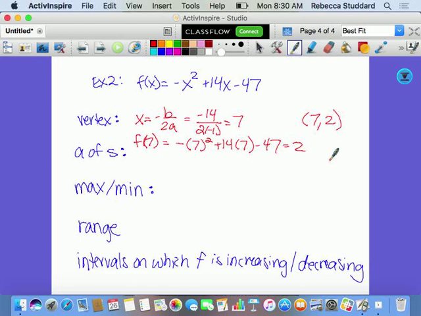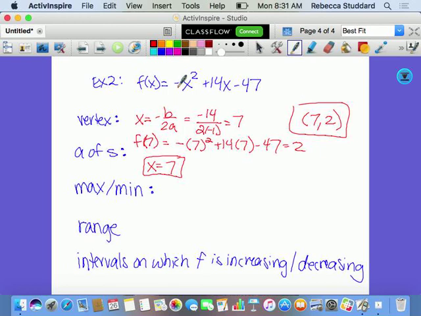All right. If the vertex is 7, 2, what does that make the axis of symmetry? X equals 7. All right, Amisha. Does this one have a max or a min? A max. How do you know that?